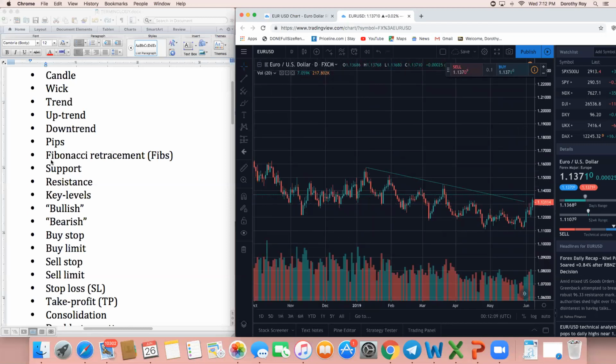Okay, the next thing we're going to go over is Fibonacci retracement, which is a tool that I had you guys put in the toolbar. It's actually abbreviated as fibs, so you can call it fibs instead of Fibonacci retracement.